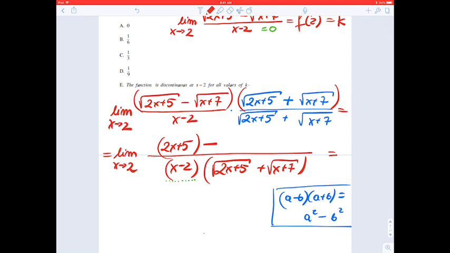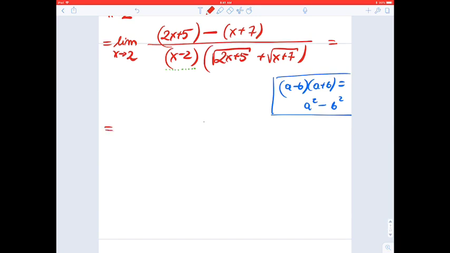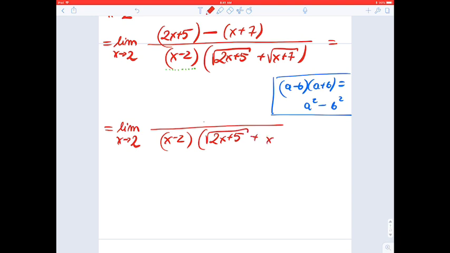And minus, if I square the second root, I have just x plus 7. Okay, let's simplify. We do have to write the limit all the time. x minus 2 stays below. It's worth rewriting, because the common mistake is to forget about this expression.